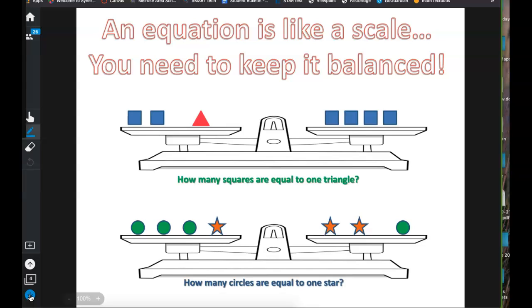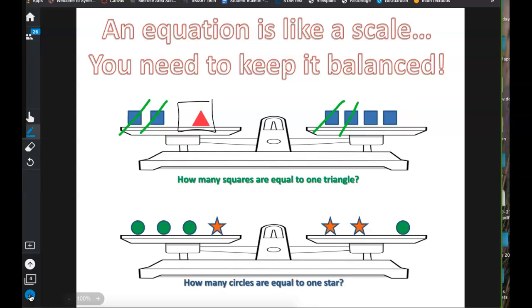This triangle right here would have to be replaced with 2 squares in order to keep it balanced. I could also take 2 squares off of each side of the scale and it would still be balanced, and so one triangle would balance out with two squares.